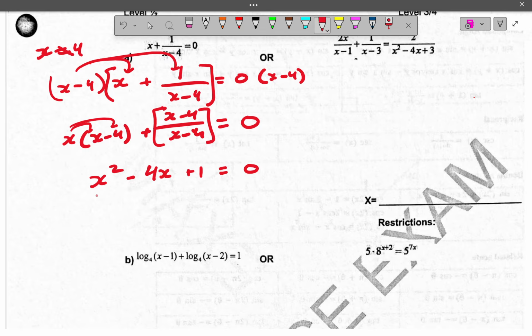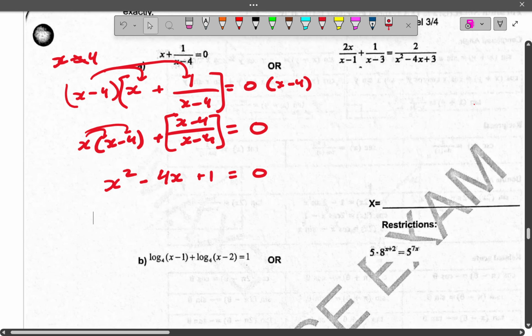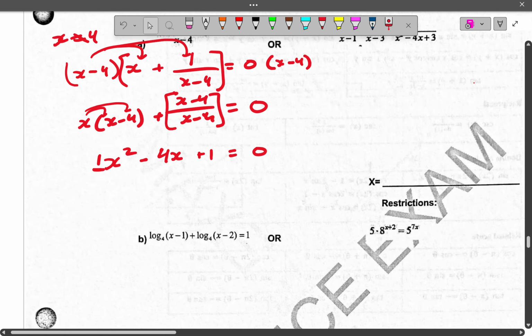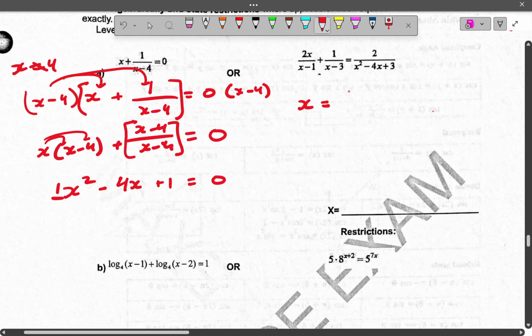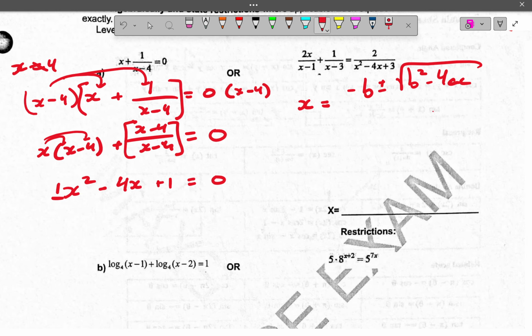And now we have to solve this quadratic. The quadratic formula is not given to you, so if you need to solve a quadratic, you need to recall the formula for it. So I'm going to write it here, which is that x is equal to negative b plus or minus the square root of b squared minus 4ac, divided by 2 times a, where a is 1, b is negative 4, and c is positive 1.